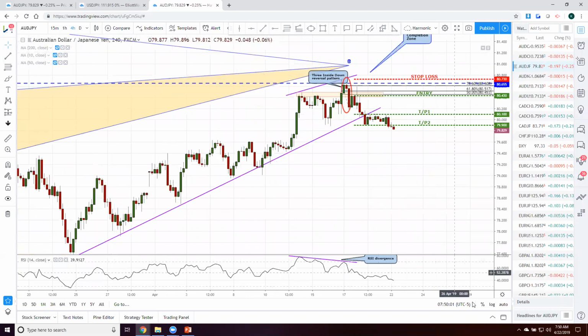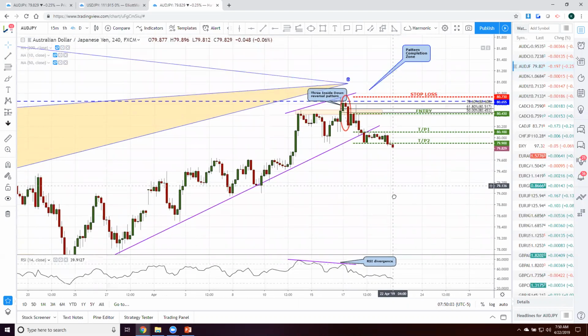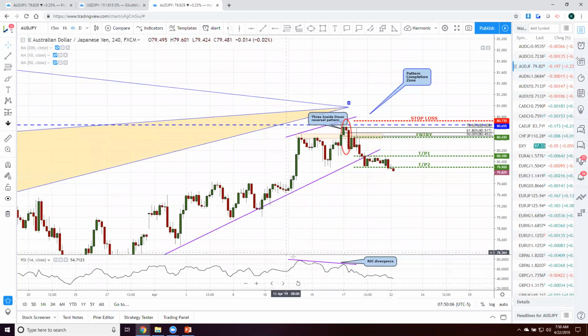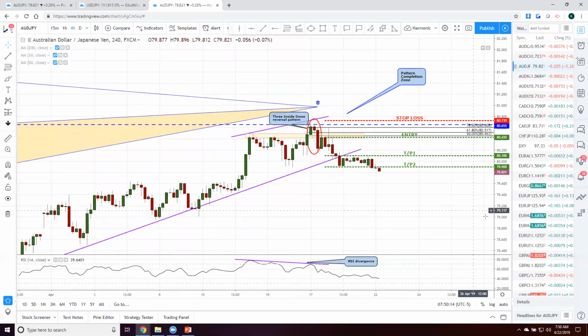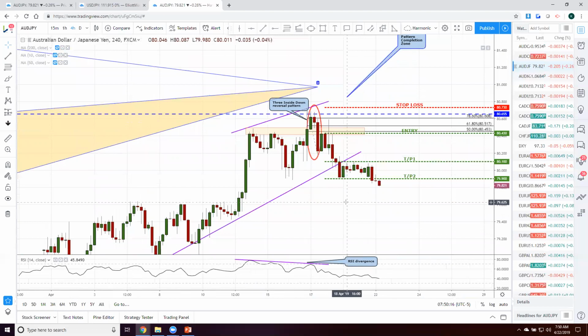We also had divergence on the RSI to indicate that we could be seeing a bearish move from that area, as you can see. So the next step was we watched price action.